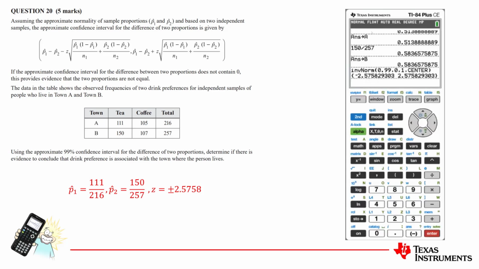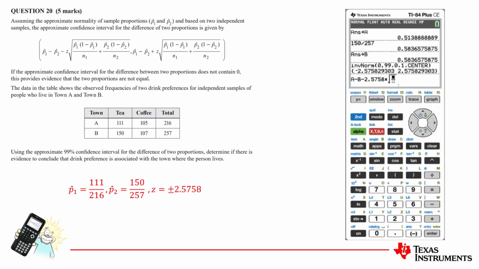So again, like I said, I stored P1 under A and P2 under B. So when I do this, I'm going to have A minus B, just going through using that same formula we're given there, minus the Z score, which is 2.5758, times the square root of, now I'm going to put in a fraction here, a nice quick way of getting the fraction, P1 times 1 minus P1, so that's A times 1 minus A, over N1.